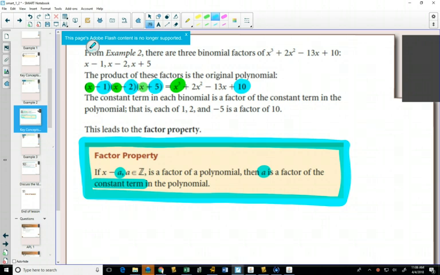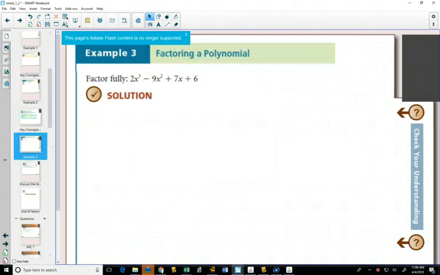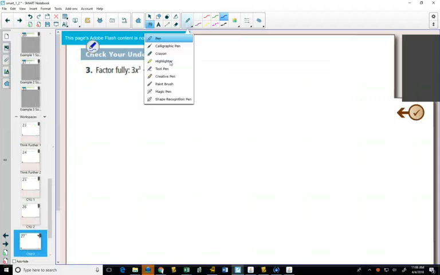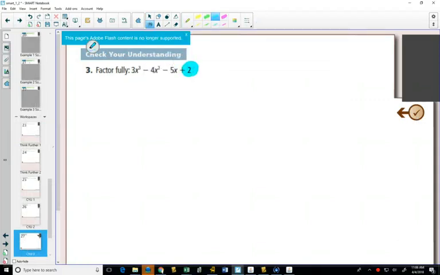So when we go to example 3 here, which we'll do right now, and we're looking at factoring this one, we see that our last term, our constant term here, is a plus 2. So if we're thinking of factors of plus 2, the factors of 2 are plus or minus 1 or plus or minus 2.